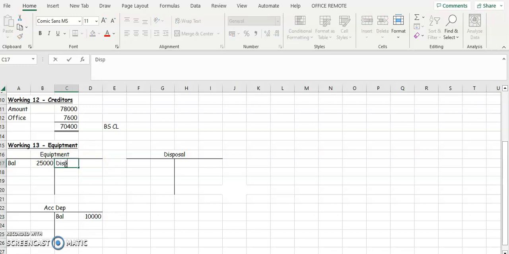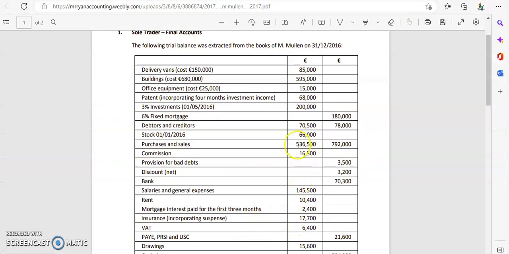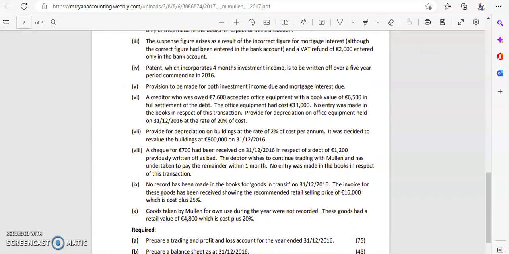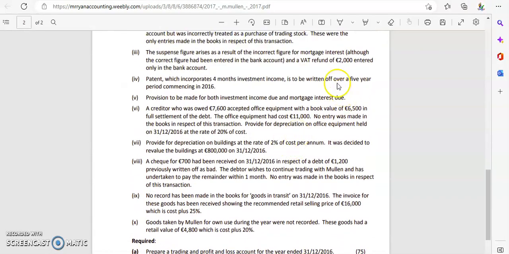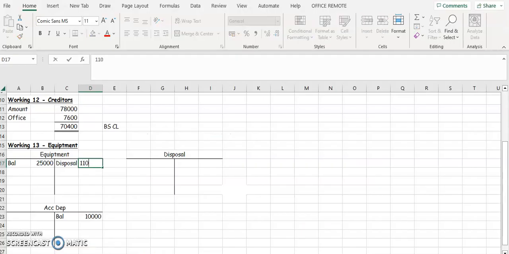Then we dispose of equipment. And that's taken straight from the question. So how much did the office equipment cost us? So it cost us 11,000. So we're going to credit office equipment, and then we're going to debit our disposal.